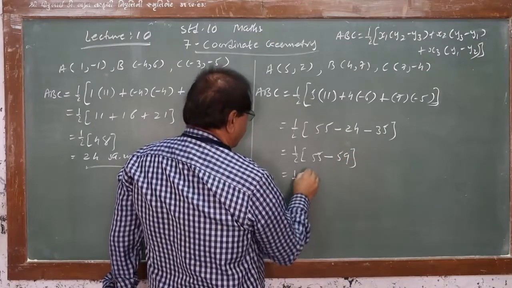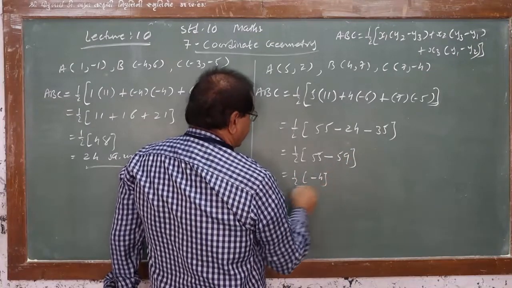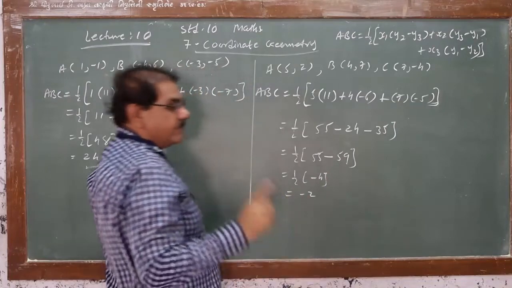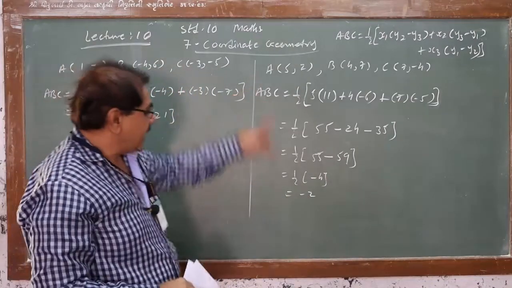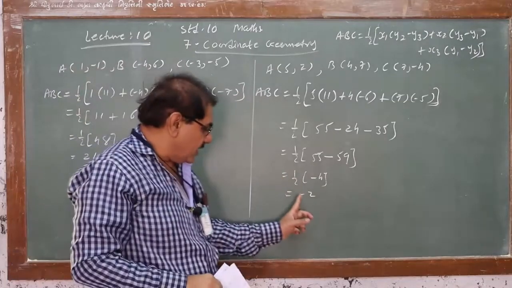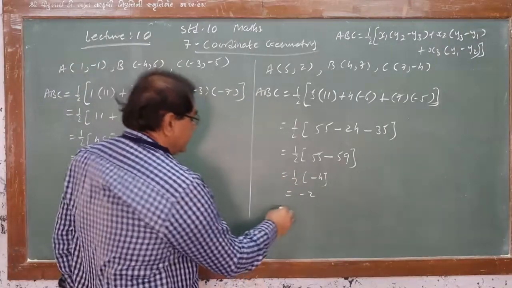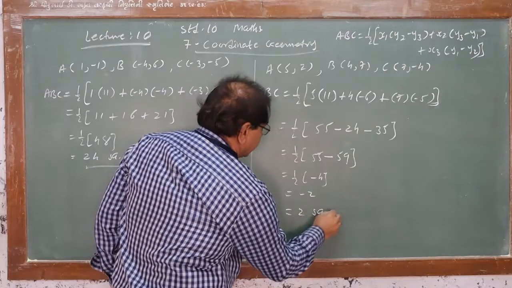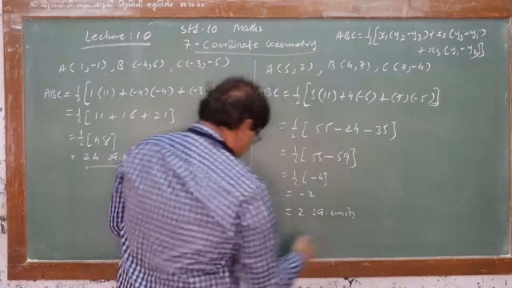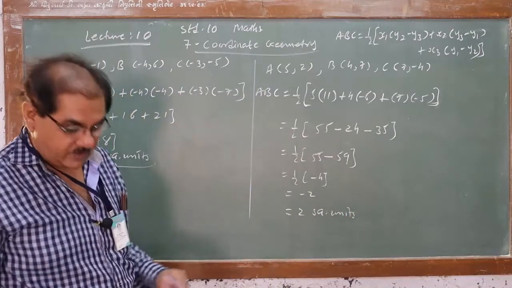So 1/2 into minus 4 is equal to minus 2. But as I have told you, area cannot be negative, so we don't consider this negative sign, and write 2 square units. So this way you can get the answer for the area.